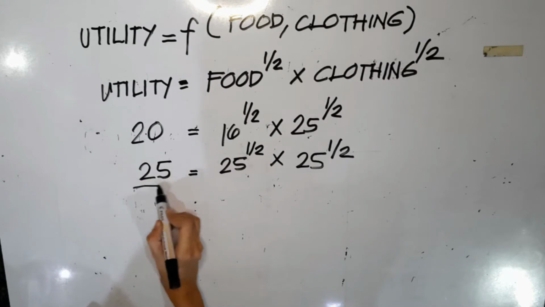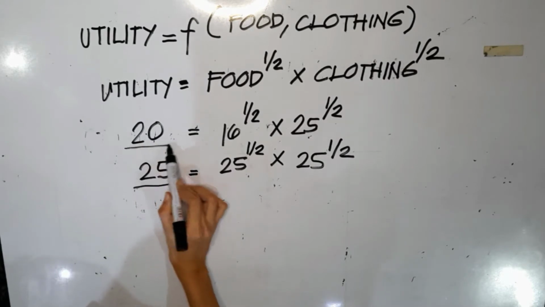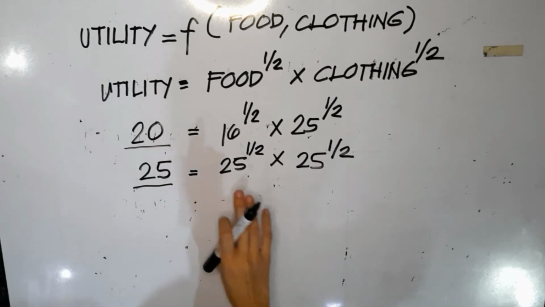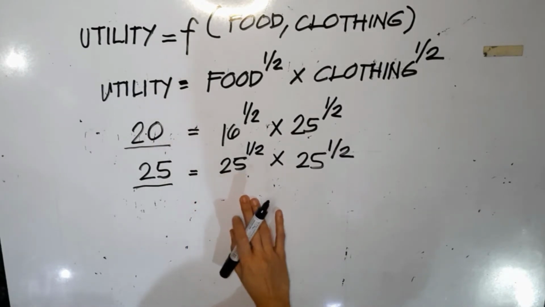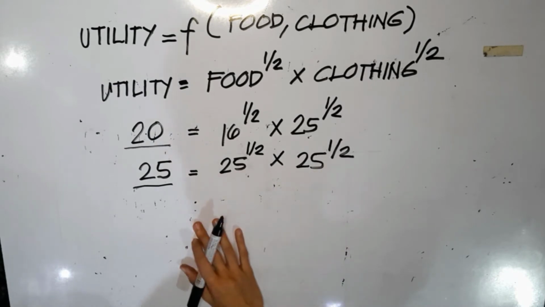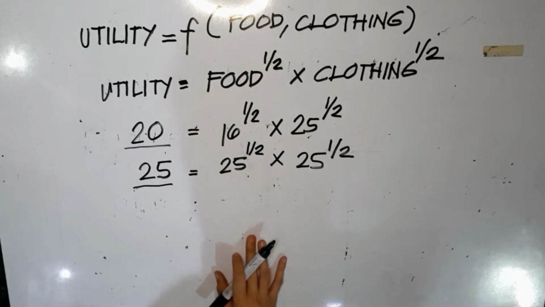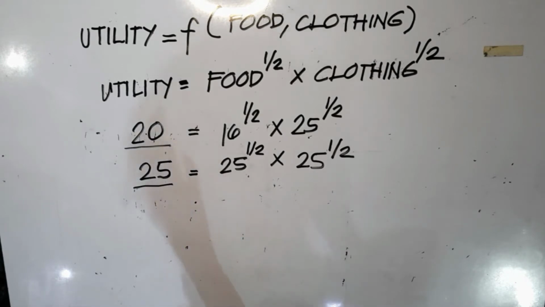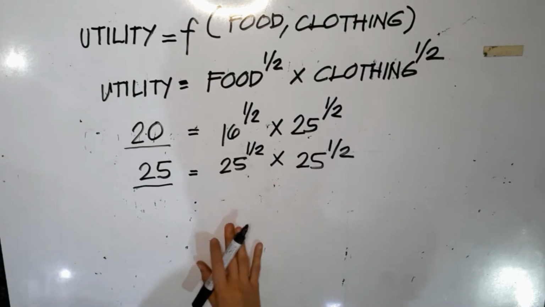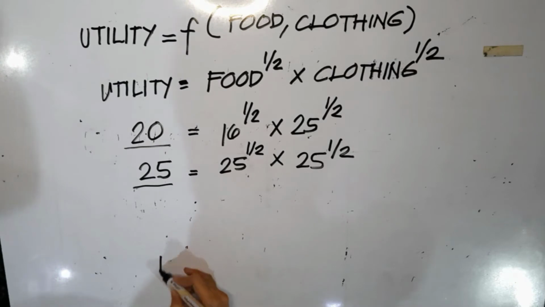It's 25 as opposed to only 20. So you're better off with 25 units of food and 25 units of clothing. The utility function ranks alternative bundles of food and clothing in the order of most preferred to least preferred. But we can show this graphically in what we call an indifference curve.